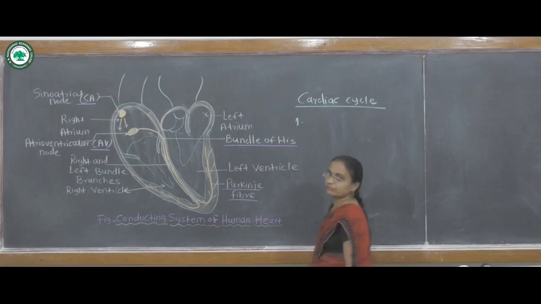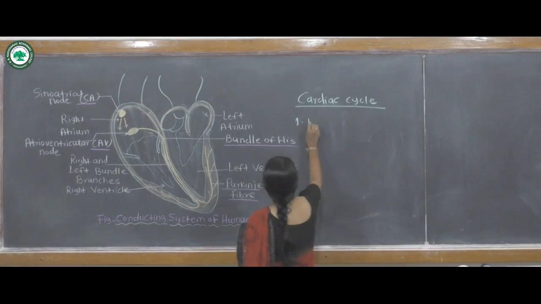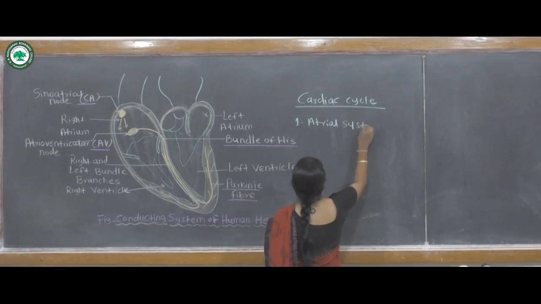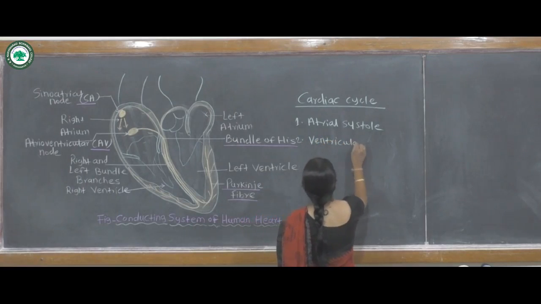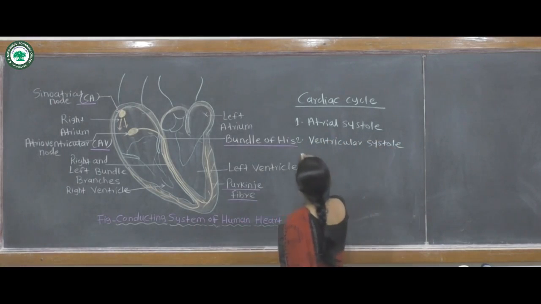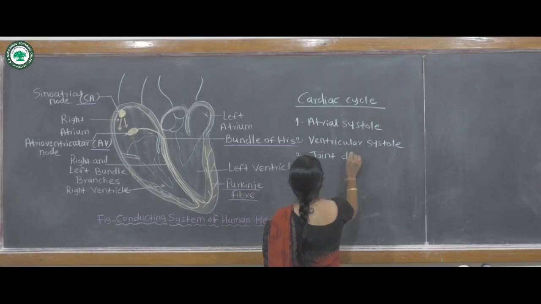The first event is the atrial systole, the second event is the ventricular systole, and the third event is the joint diastole.